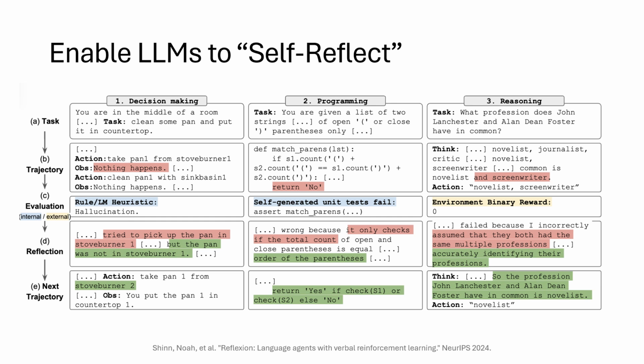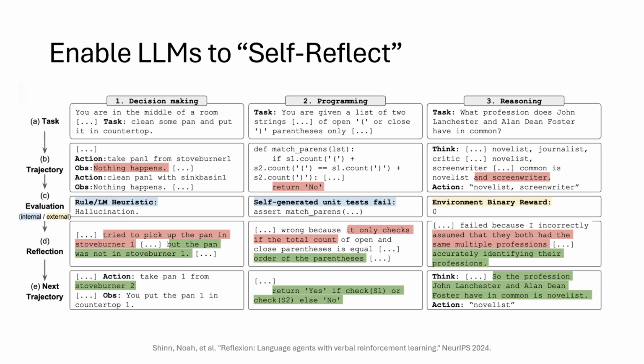We give this task instruction to the model, and we sample some trajectory from the model to see how they can play with this environment and conduct its task. Now we will do some evaluation, like giving them some feedback on how well they did this task. Like we say, perhaps they are doing some hallucination.